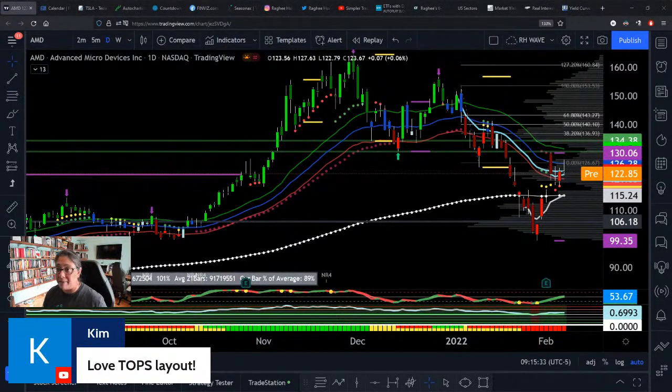All right, Kim says, love that TOPS layout. Look, the TOPS layout dates back to, gosh, the beginning of my career. And then we've automated a bunch of things. And then come 2016, 2017, we released the TOPS layout, 4 different free tools. Again, if you're in the membership, I've shared this specific layout in TOS.